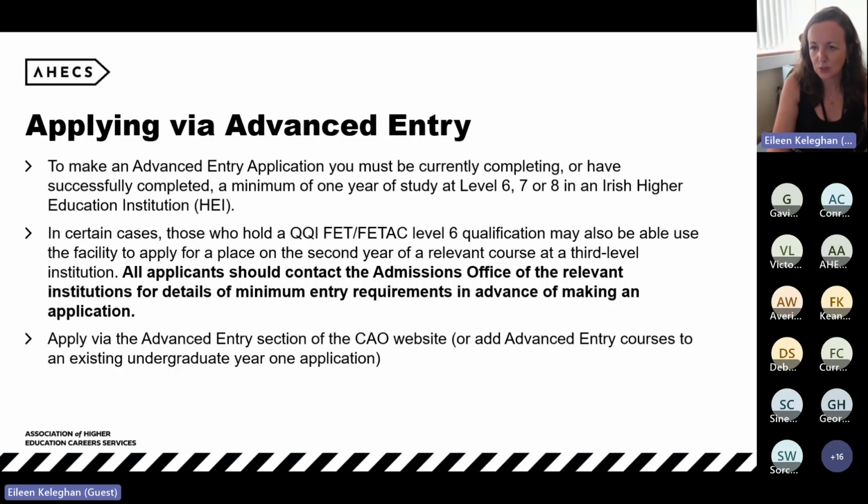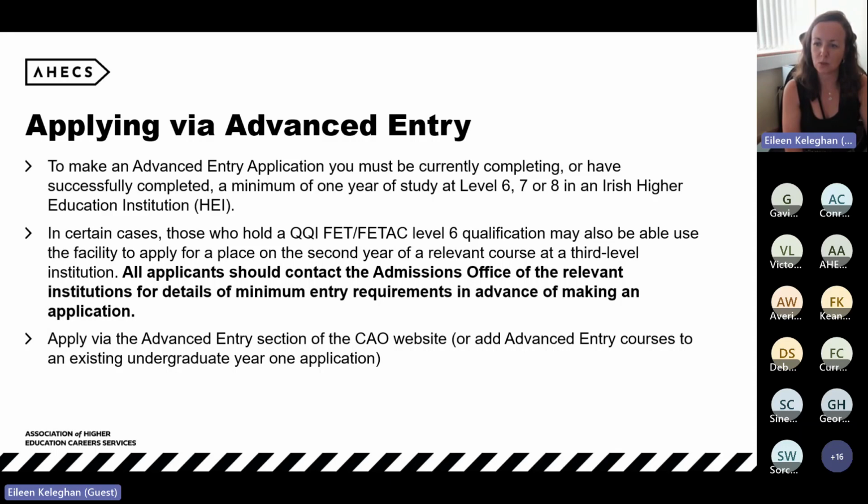And just to talk to you about advanced entry, so applying via advanced entry. To make an advanced entry application, you must be currently completing or have successfully completed a minimum of 1 year of study at either level 6, 7 or 8 in an Irish higher education institution.